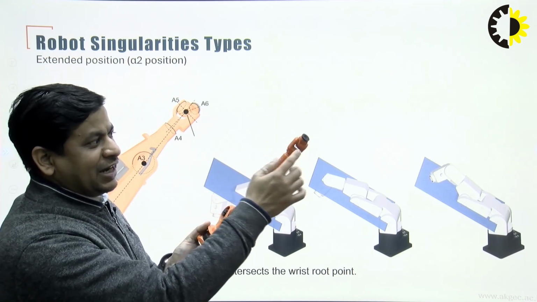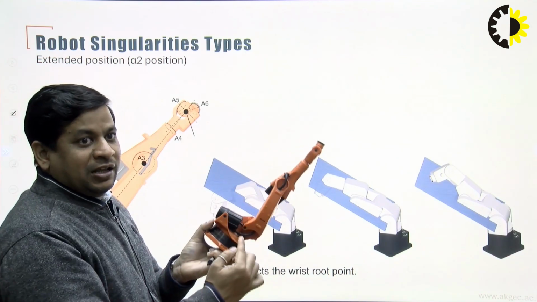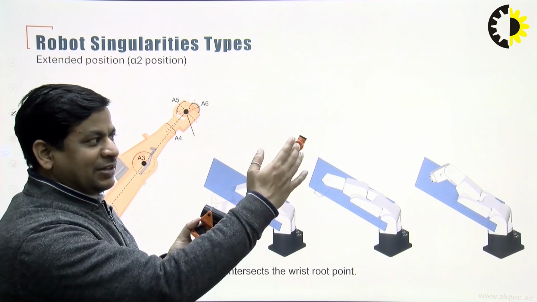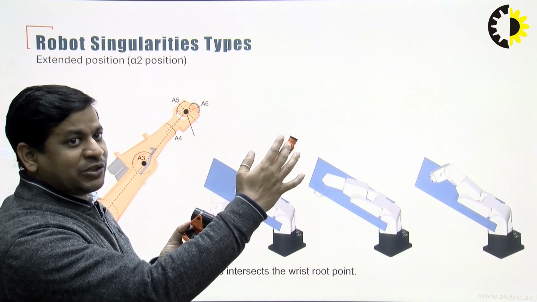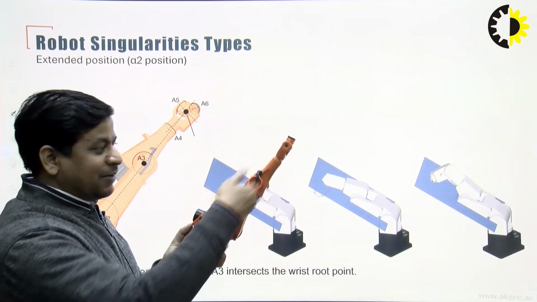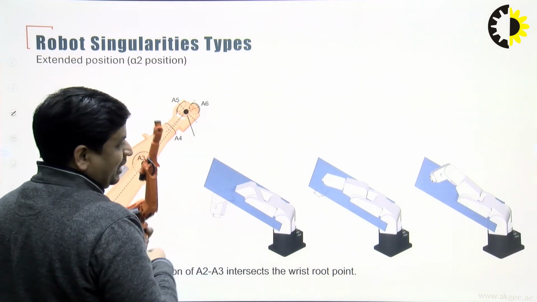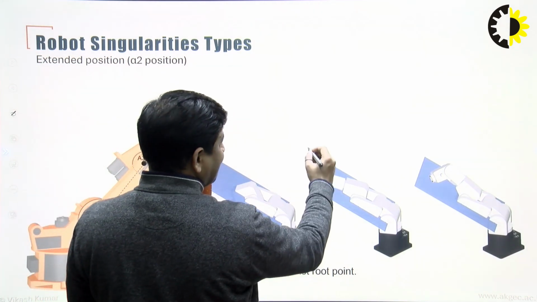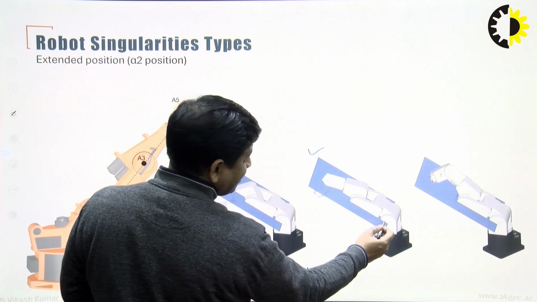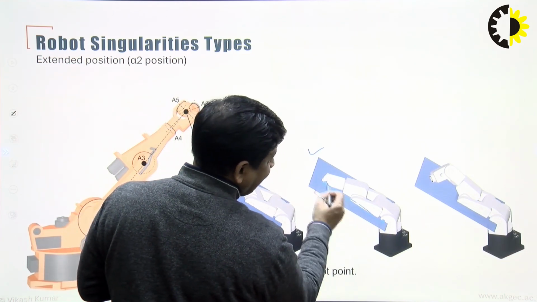I already declared this is our wrist root point, this black dot. So if this axis 2 and the wrist root point get aligned, so they are in a similar line or similar plane. As you see in this picture, it is perfectly presented in the second case where axis 2 and this wrist root point are getting aligned.